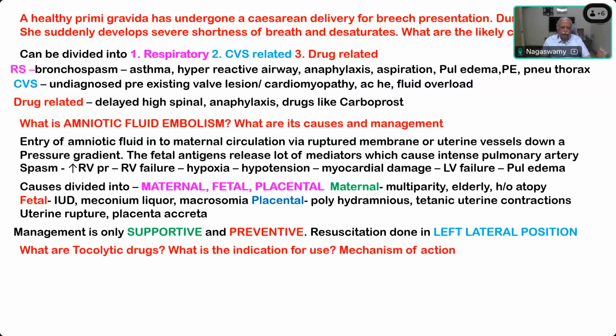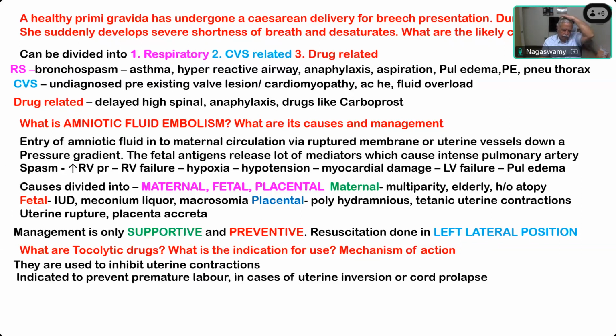Just now we discussed fetal surgery. For fetal surgery we want to use tocolytics: nifedipine, magnesium sulfate, salbutamol. Tocolytic drugs are drugs which are used to inhibit uterine contractions.